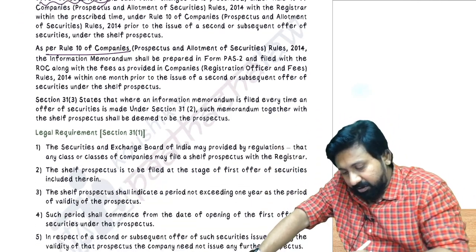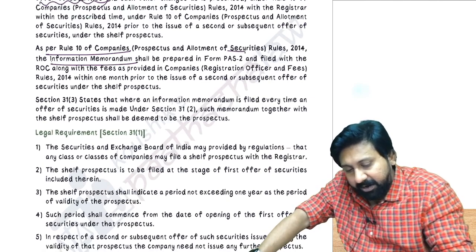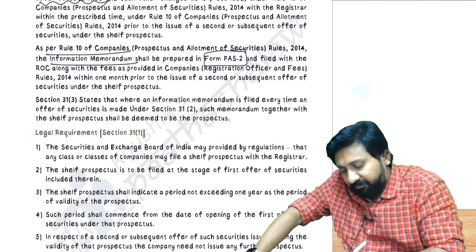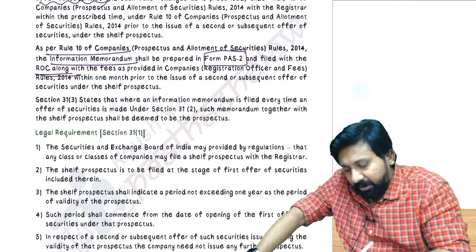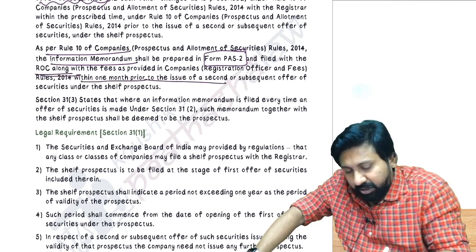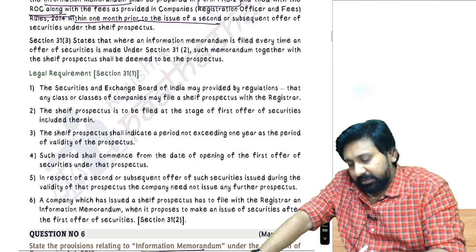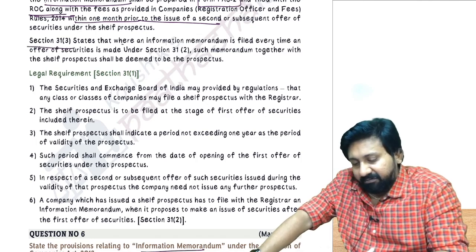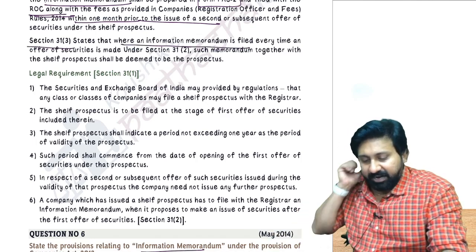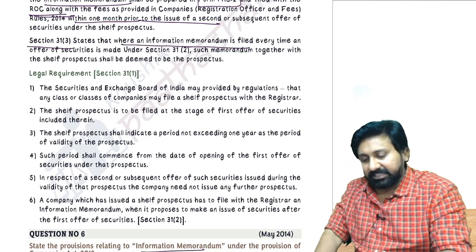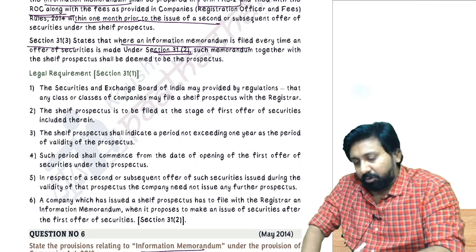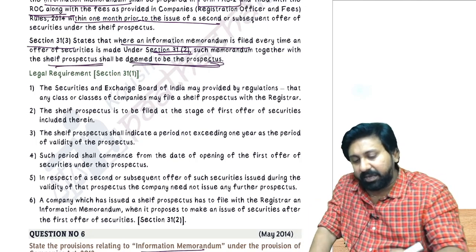As per Rule 10, the information memorandum shall be prepared in Form PAS-2 and filed with the ROC along with the fee within 1 month prior to the issue of the second or subsequent offer. Section 31(3) states that where an information memorandum is filed every time an offer of securities is made under 31(2), such memorandum together with the shelf prospectus shall be deemed to be a prospectus.